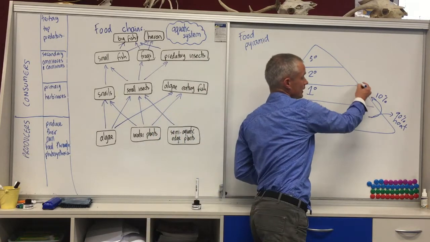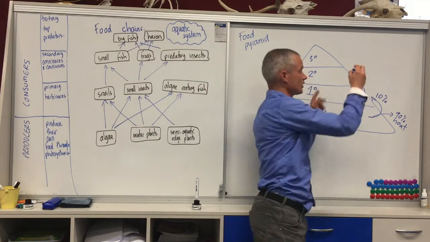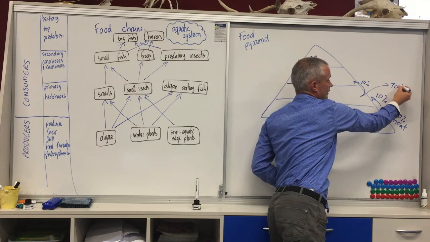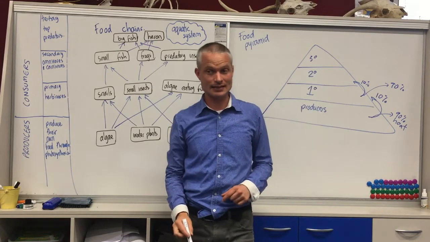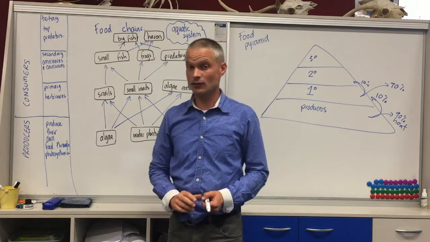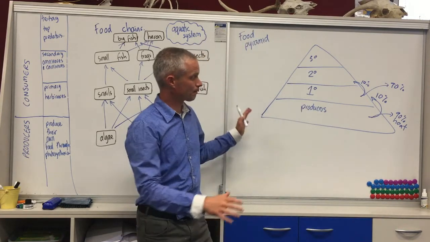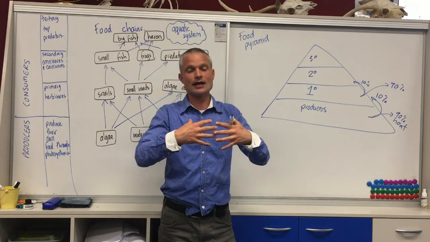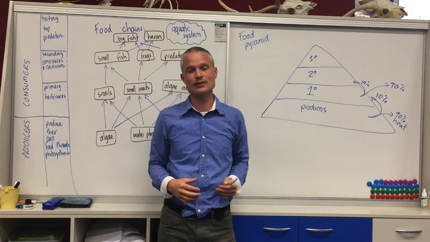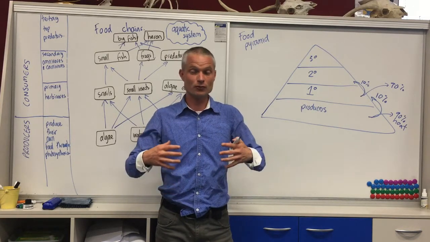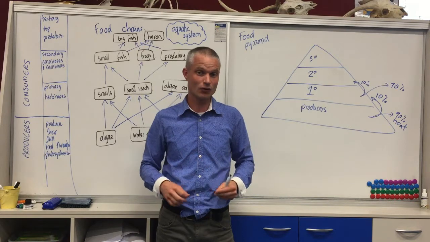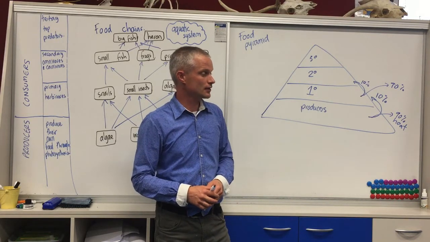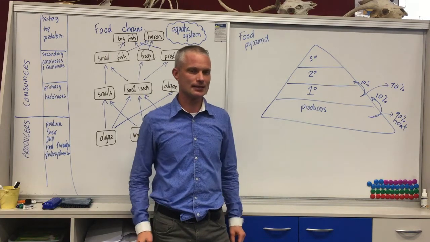So at each level you're getting 10% go to the next level, and 90% lost as heat to obey the law of entropy, but that 10% is used each time to help create more diversity and more complexity within that ecological system, and therefore more stability, more resilience, and more productivity within that ecological system. So it's one of the things that kind of underpin understanding ecology.